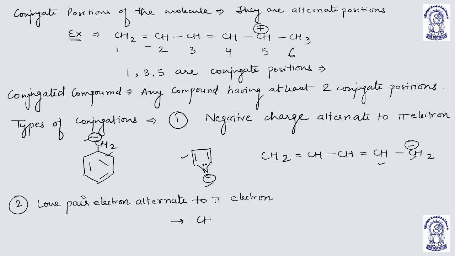Examples are: lone pair is alternate to double bond. There is also an example. These are the examples of lone pair alternate to pi electron.